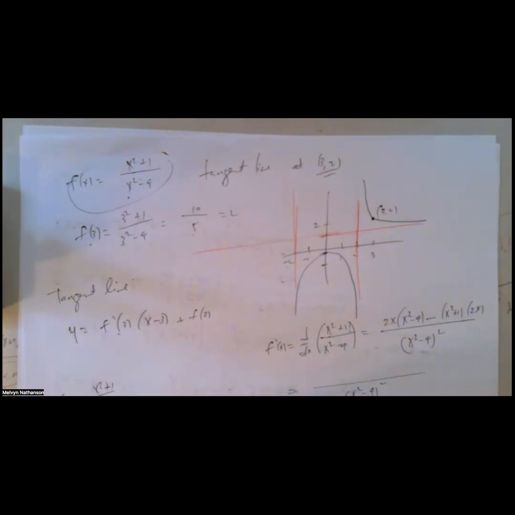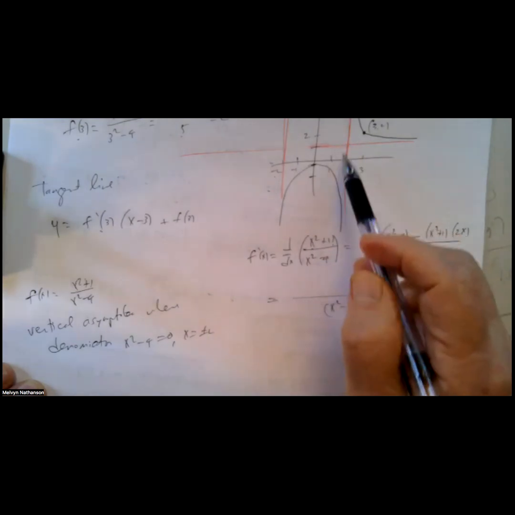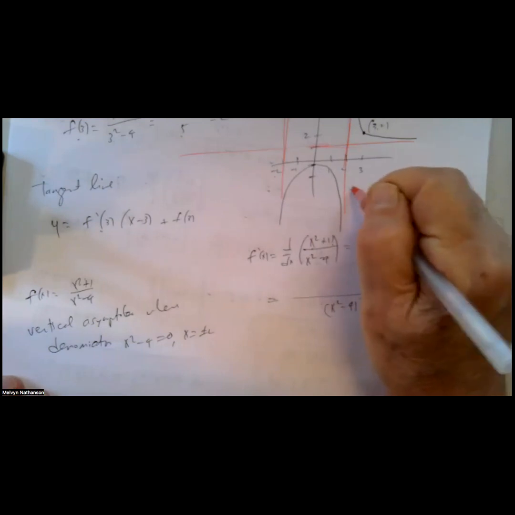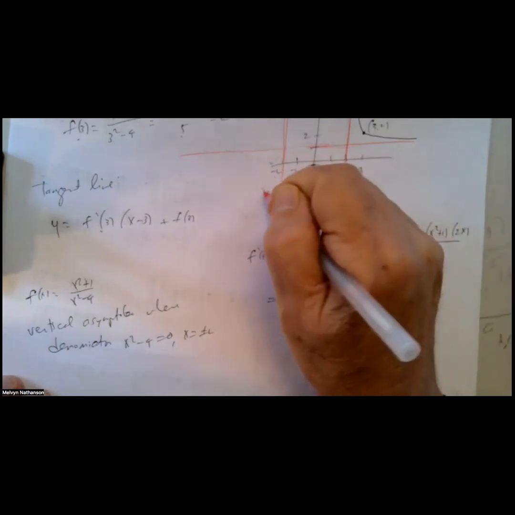And we know there are vertical asymptotes where the denominator, x squared minus 4, is 0, which means x equals plus or minus 2. So this is the line x equals 2, and this vertical line is x equals minus 2.